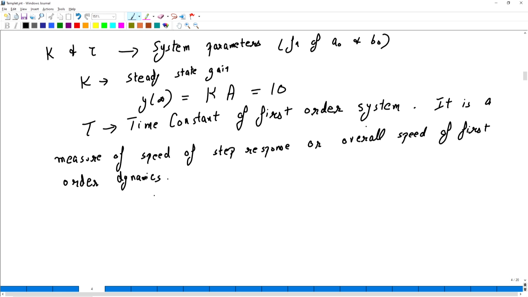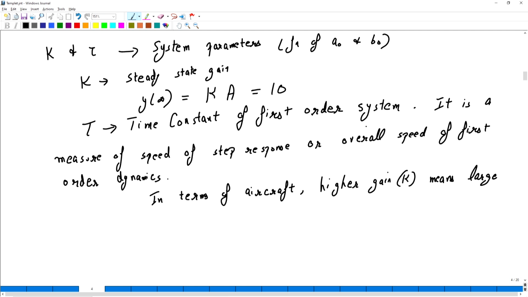Now, in terms of aircraft, a higher gain k means larger steady state output for the same input.